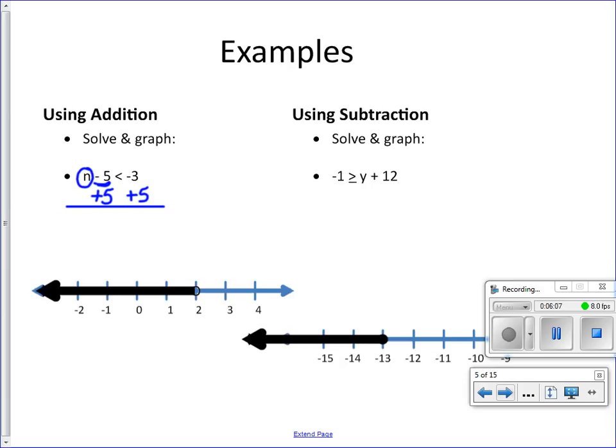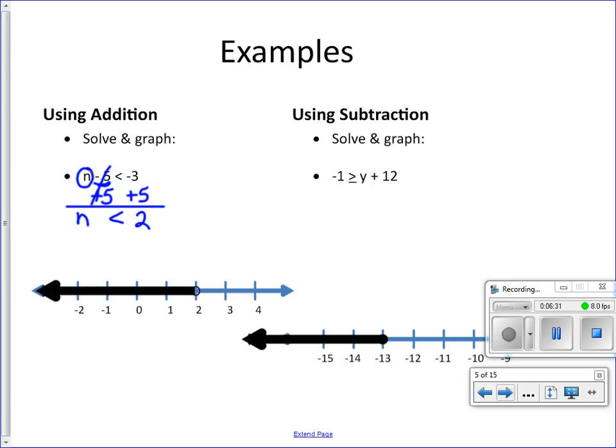Okay, we're going to bring down our n. Our minus 5 and plus 5 is now equal to 0. And so n plus 0 is simply n. Bring down our inequality symbol. And negative 3 plus 5 is a positive 2. So we have n is less than positive 2.